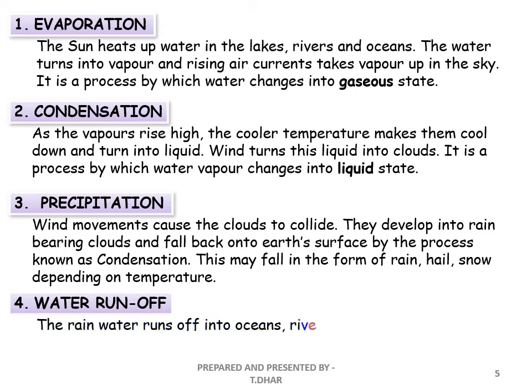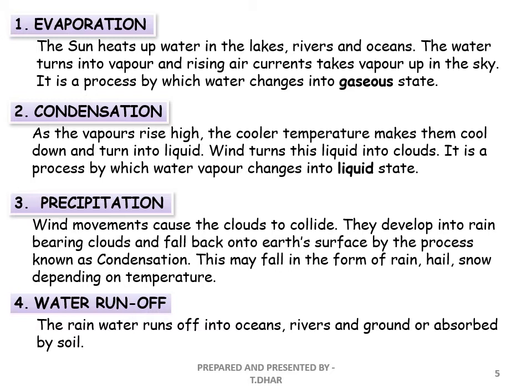Now after that, the last step is water runoff. The rainwater runs off into the oceans, rivers and ground, or is absorbed by soil. So these four steps are continuously repeated.